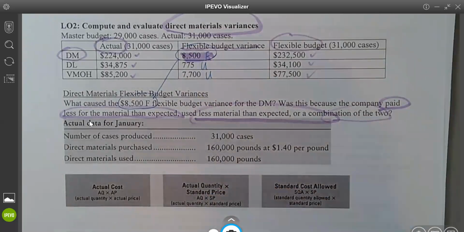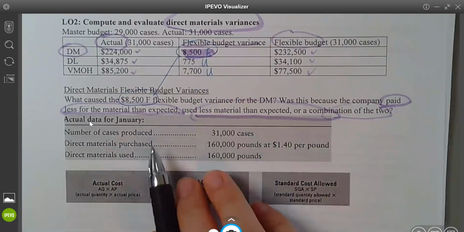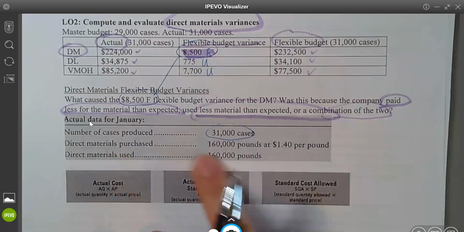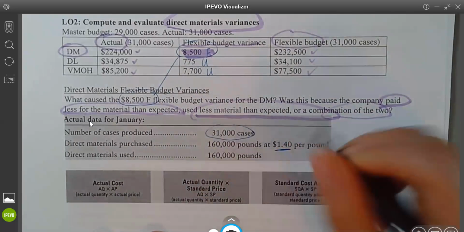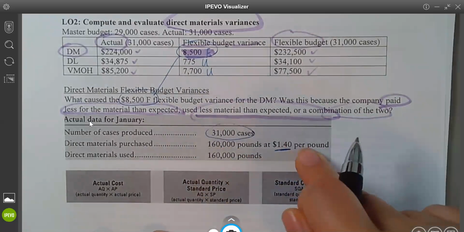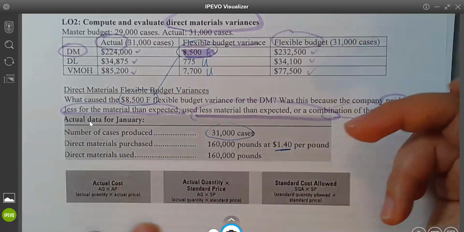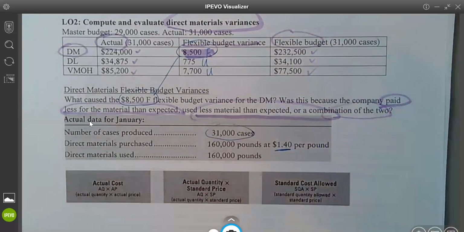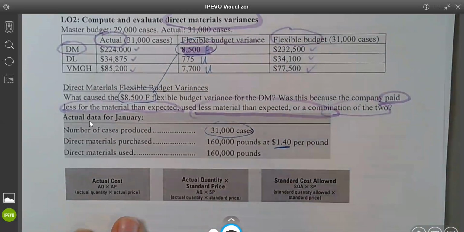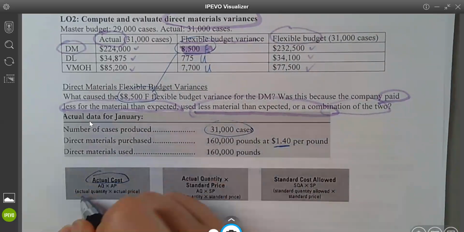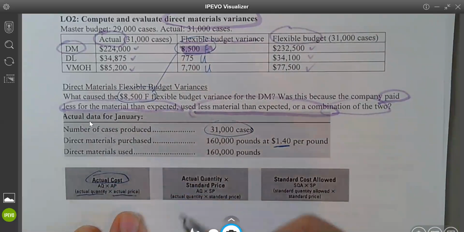Okay, so how do we break down those 2 parts? You have this case: produced 31,000 cases, direct material purchased, and remember, we purchase this many pounds and our purchase price is 1.4. Raw material, we used all of the purchased. So how do we get all the numbers? When you do the calculation, you have actual cost, actual quantity times actual price.